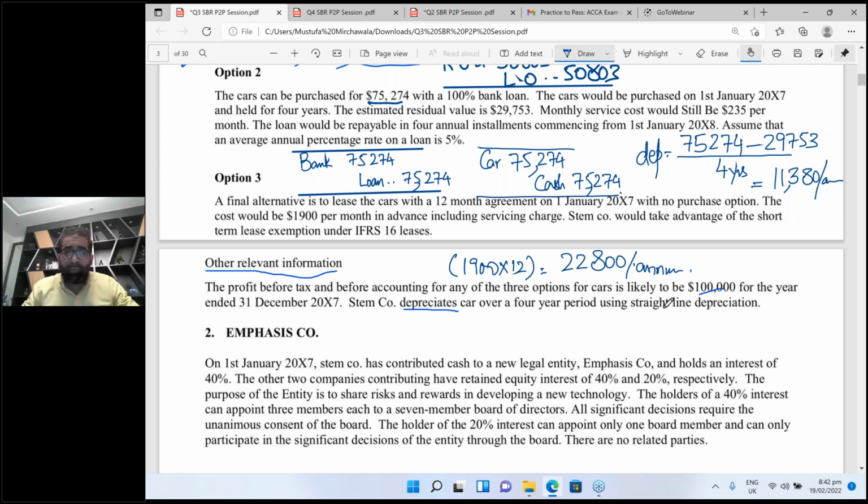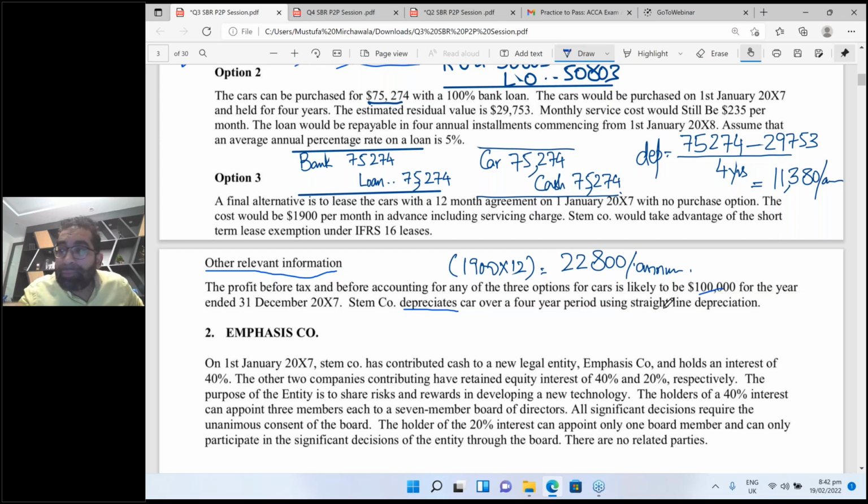Do you know what this 100,000 means? Profit before tax means no tax is deducted, and before accounting for any three options. That means in these three options there is some interest expense, some depreciation expense, and some operating expenses, like service charge.